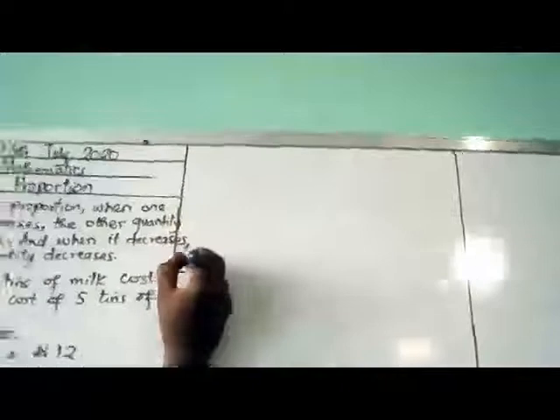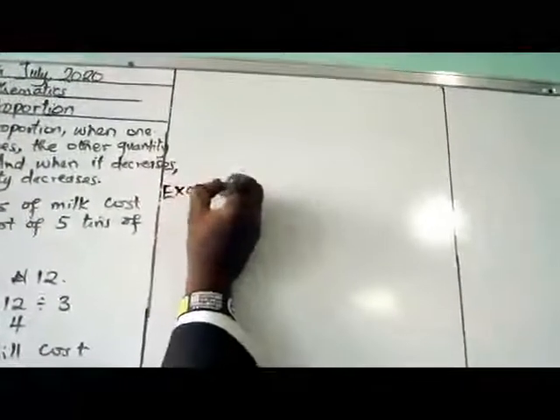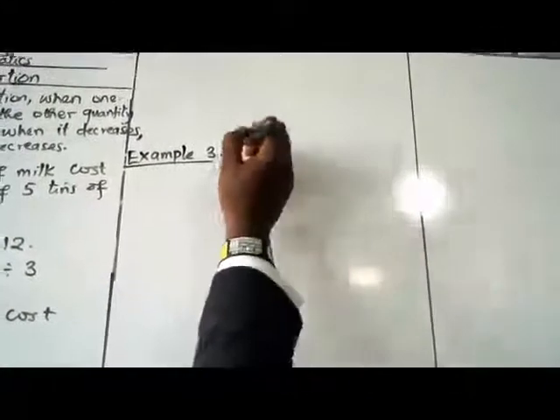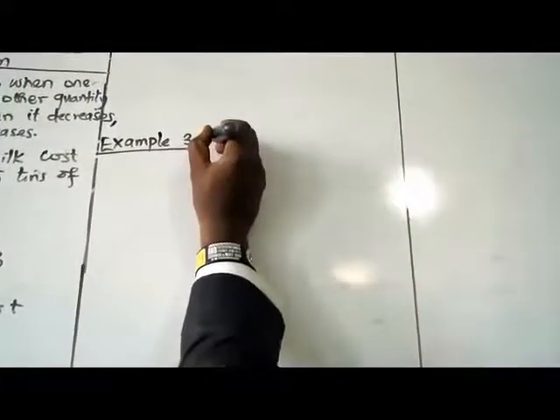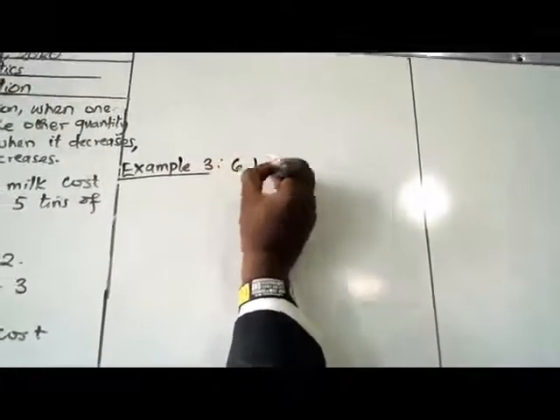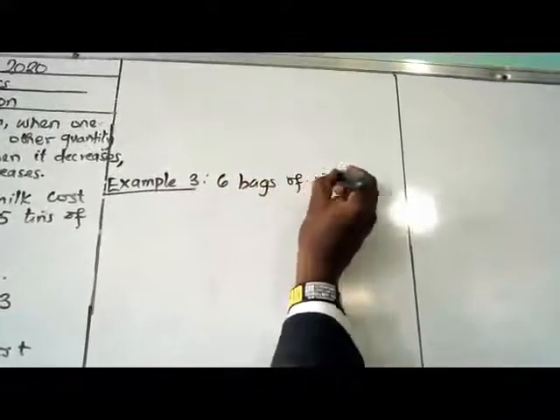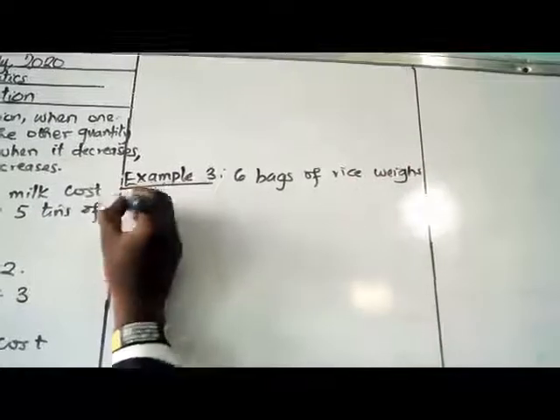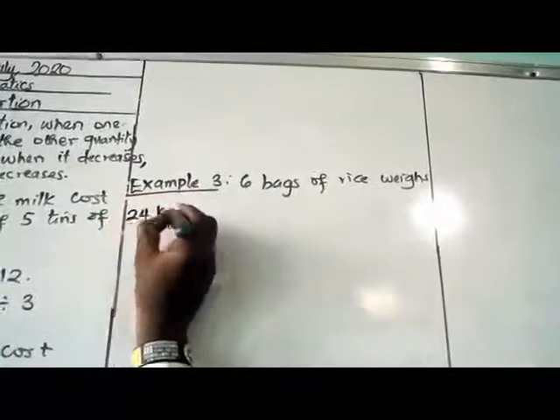Now let's quickly look at the third example. We have 6 bags of rice weighs 24 kg.